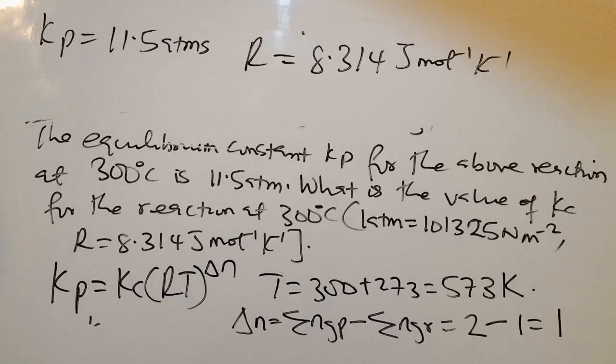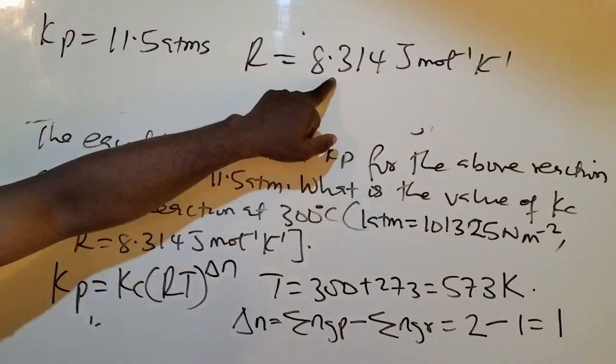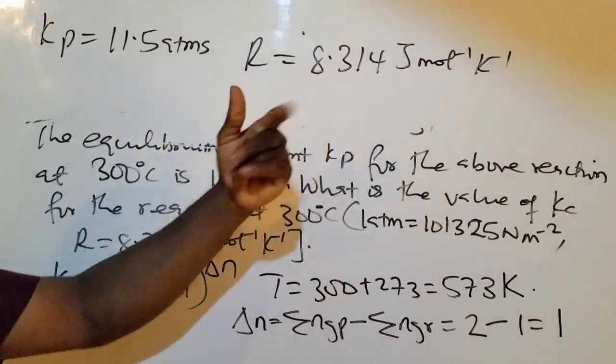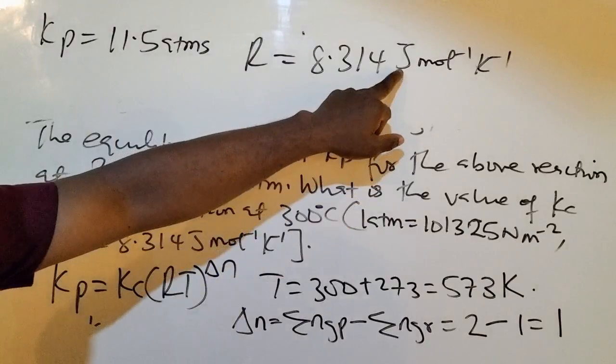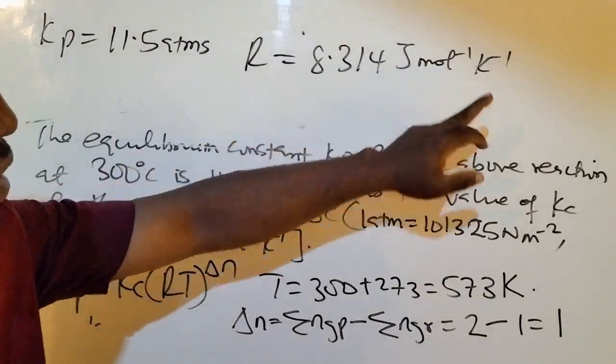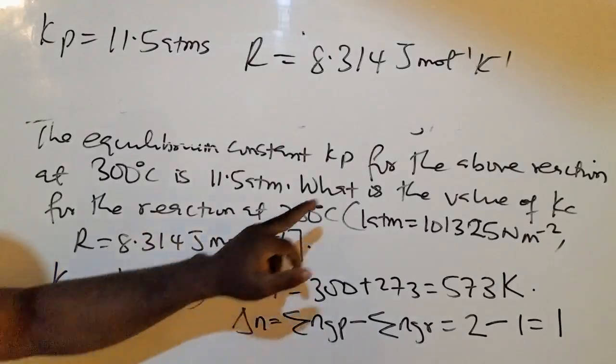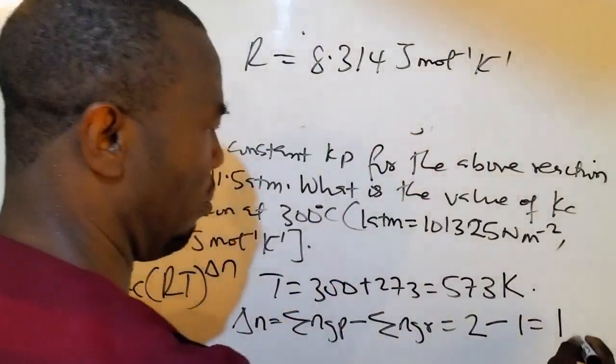Remember I told you that there are two values of R. I gave you the first one as 0.082 atmosphere liter per mole per Kelvin. But before you use this one, you have to see whether the units you have in this R reflect in all the quantities you're going to use. Mole, this is 1 mole reflected here.